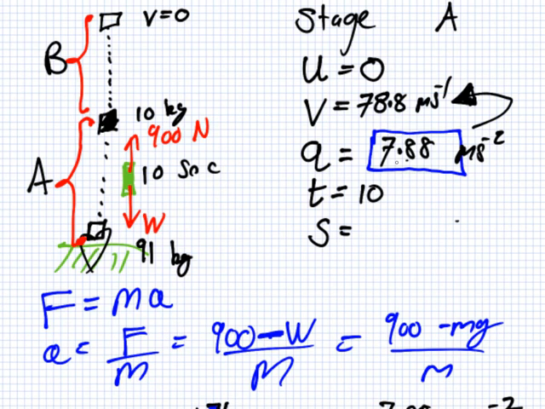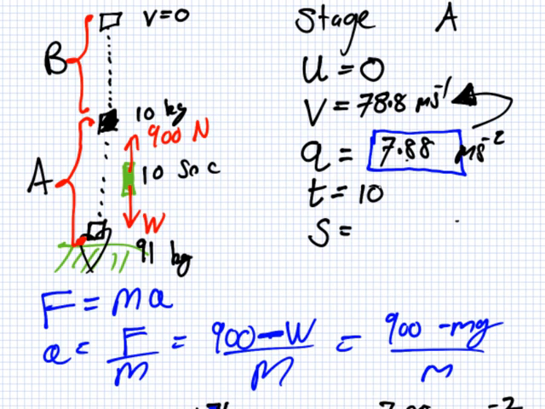I use this formula, V equals U plus AT. The U is 0, the A is 7.88, and the T is 10. Is that okay?